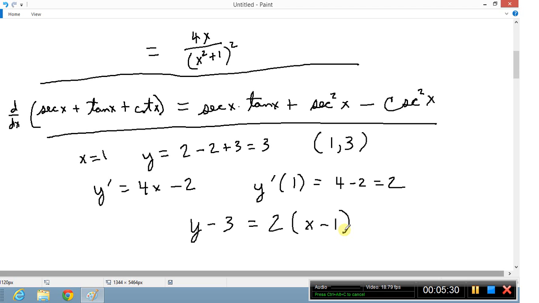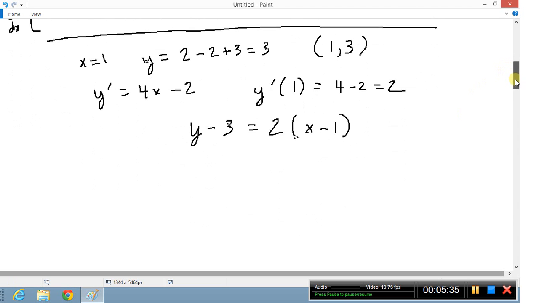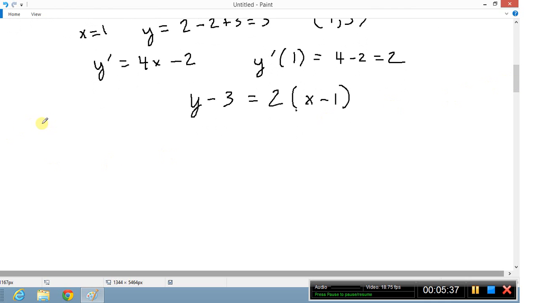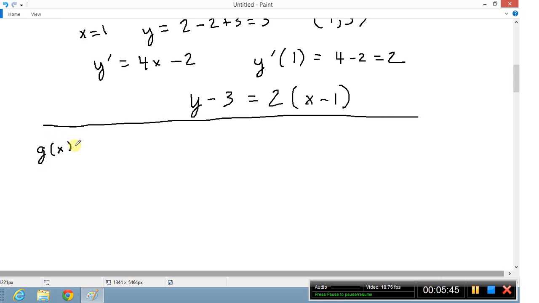Number 7 threw a lot of people, and I was very surprised because we had problems just like this on the quiz and on the exercises. So it's a simple chain rule problem. All you're told is that g is f of e to the 5x.